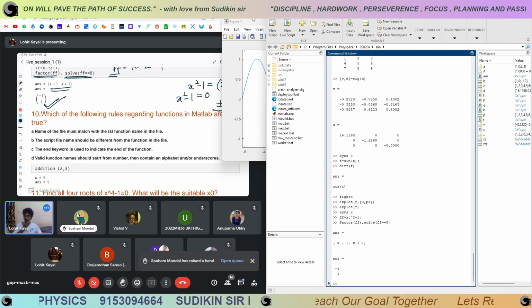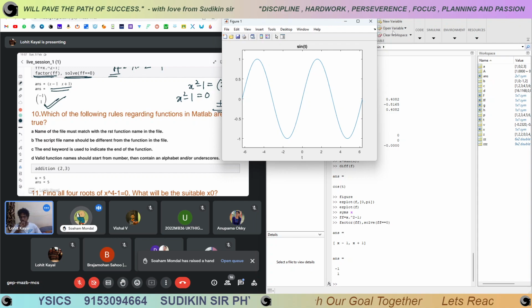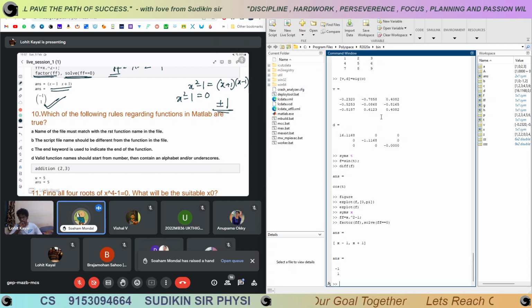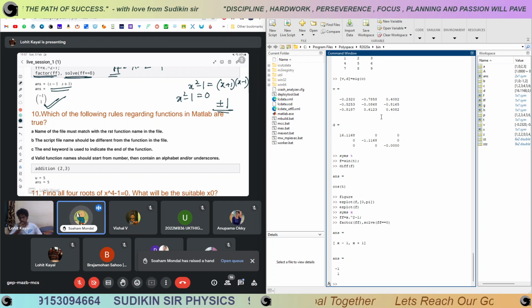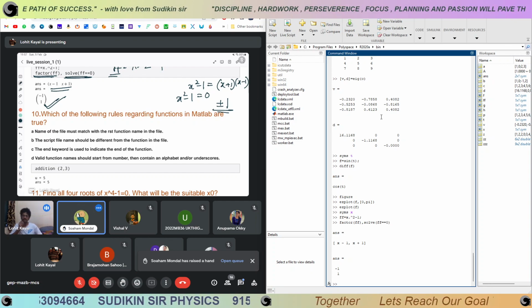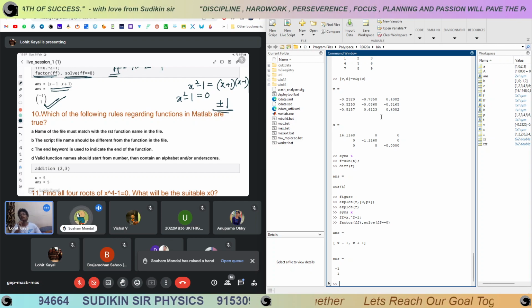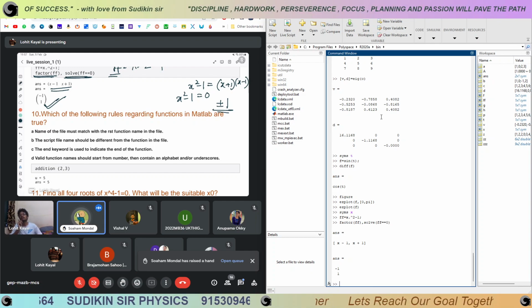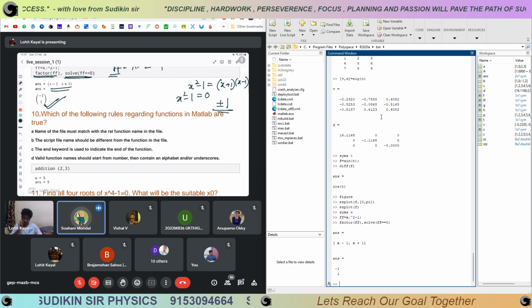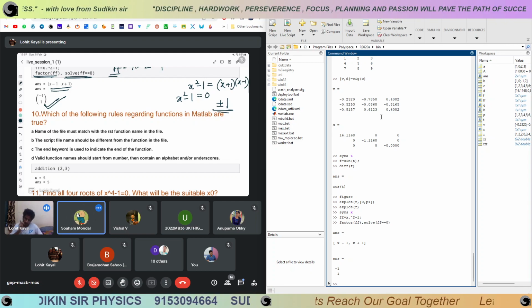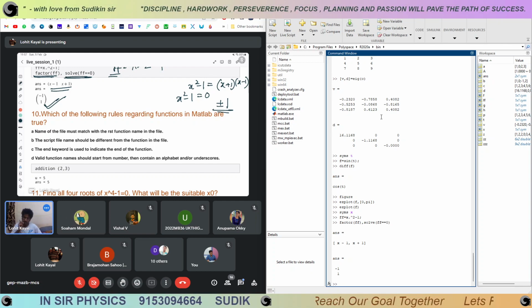Yes, sir. Sometimes I have tried solving equations using MATLAB, but it is showing some Z kind of thing. I have solved some equation and it is giving answers in the Z form, and I don't know what that Z is.